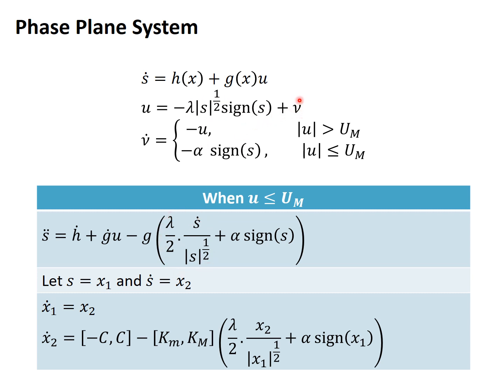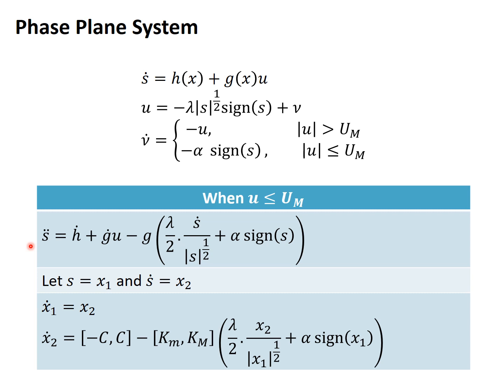You have to take a differentiation of nu dot, which is minus alpha sin s in the case when u is less than um. So, minus alpha sin s, and the minus term here is taken out here. So, this is how this equation has come out. You can try to derive this expression by yourself with pen and paper. This is the expression that you will arrive at when you are doing S double dot.